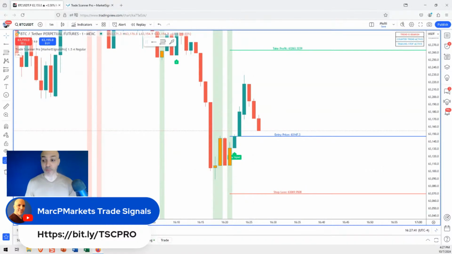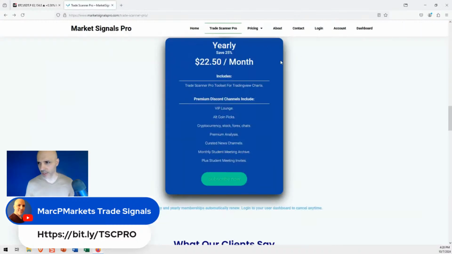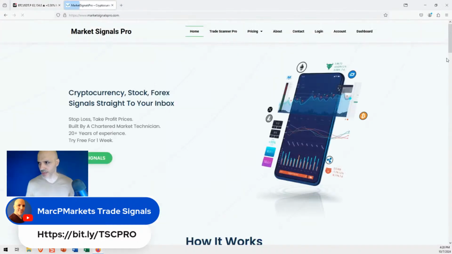Okay. Now, for people that may be slower in that area, that's what we have the Trade Scanner bot for, because the bot just sends you an email. You don't have to mess with charts. You don't have to get your hands dirty. You just get an email. It's got all the order information on it. It shows you a nice chart with the signal on it, and then you just follow that. Okay. So if you're interested in the bot, you just go to the home page of the website.